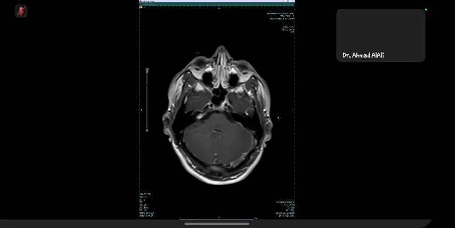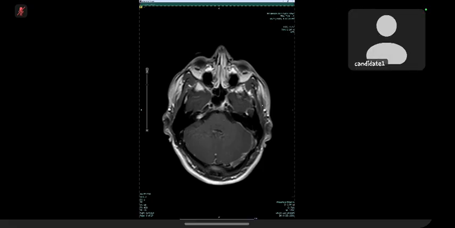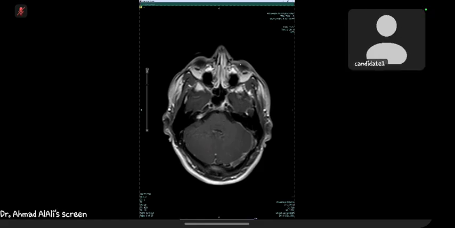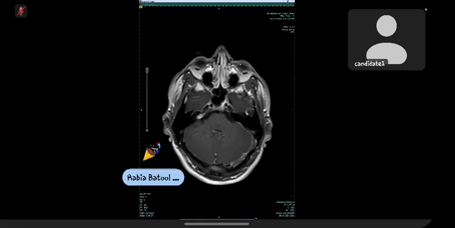However, there is no significant diffusion restriction, no evidence of any abscess formation or ventriculitis. So this is an urgent finding. I will immediately pick up my phone, and urgent neurology referral is indicated, and MR venography and anticoagulation should be started.